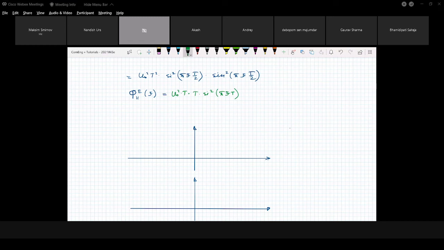You consider points plus minus 1 over t and then integer multiples of this 1 over t. Maybe I'll make it wider, because I will make 1 over t like this. 1 over t, minus 1 over t, minus 1 over t.